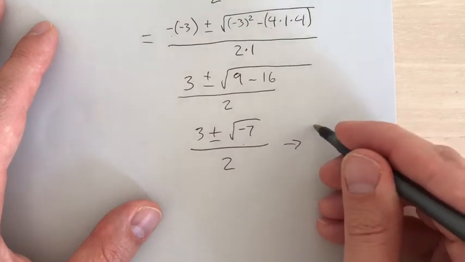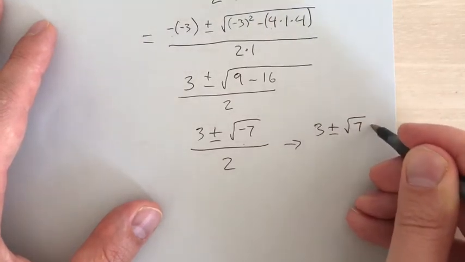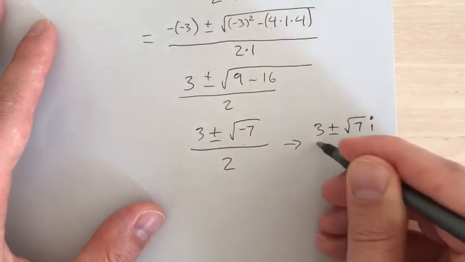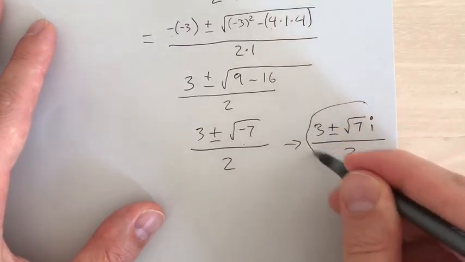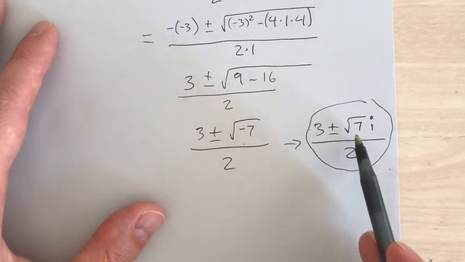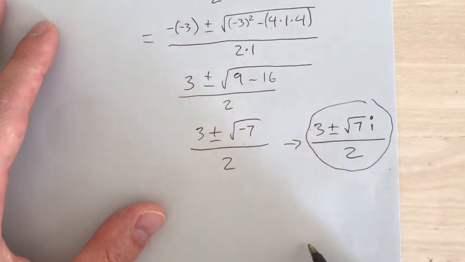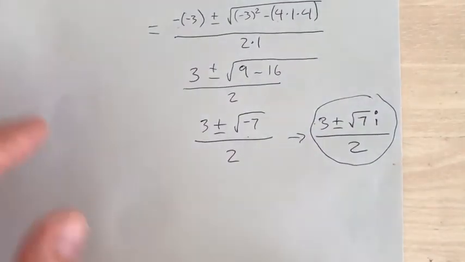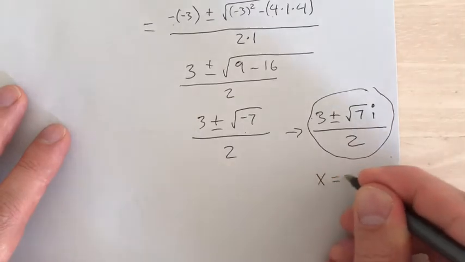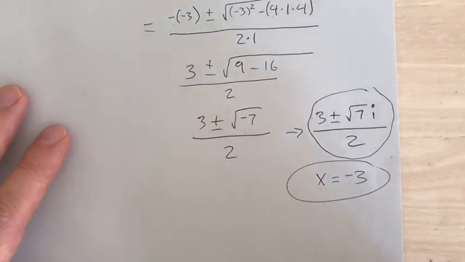So you could write this as 3 plus or minus the square root of 7 times i, over 2. Technically, there would be 2 more roots: 3 plus square root of 7i over 2, and 3 minus square root of 7i over 2. Plus that root we found before, x equals negative 3. So these would be all 3 of the roots.